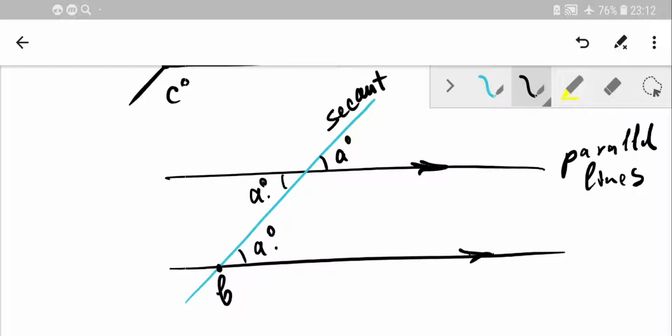So this angle is also A, and here is also A as vertically opposite. And what about B? Supplementary, right? So A plus B is always 180 degrees. Those angles which I highlighted with yellow, here and here, are called alternate angles.